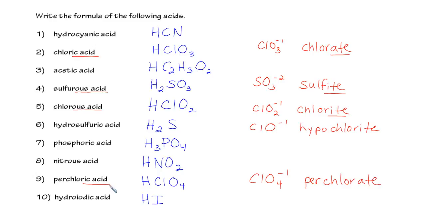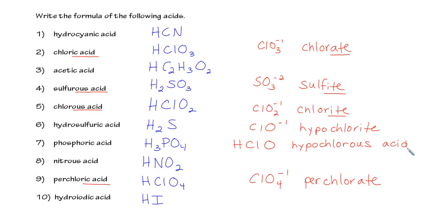If the ending is ATE, in the acid form, we turn it to IC acid. So we would keep that perchloric acid. Kind of like if I did have this guy, HClO, I would turn that into hypochlorous acid.